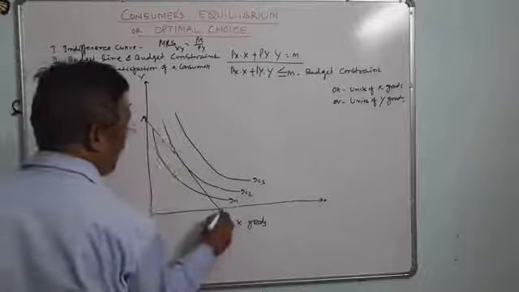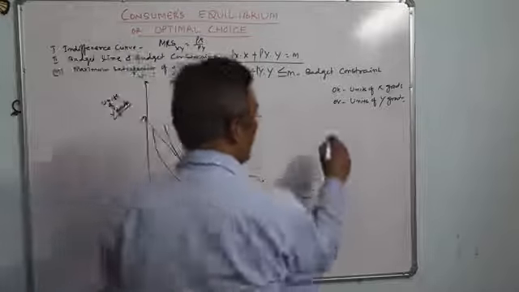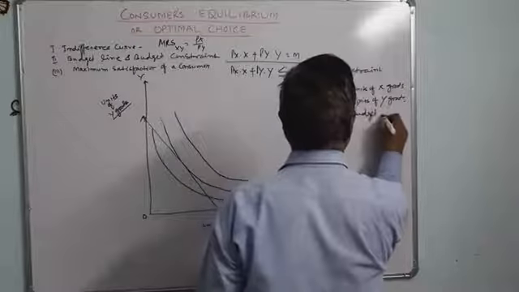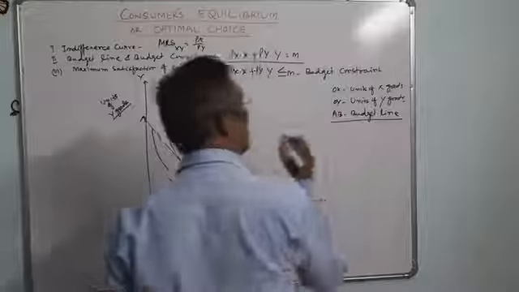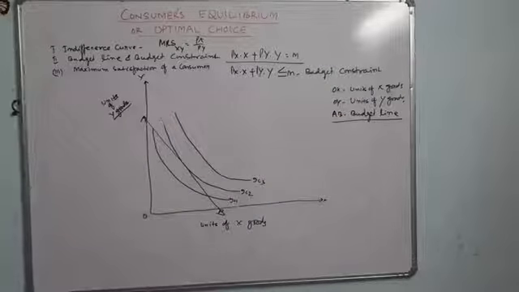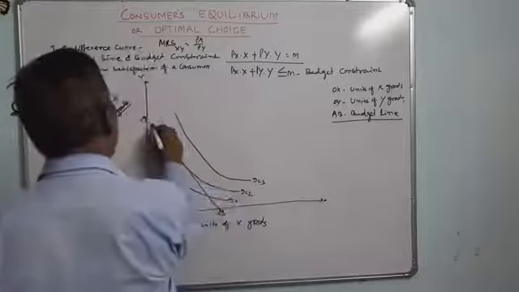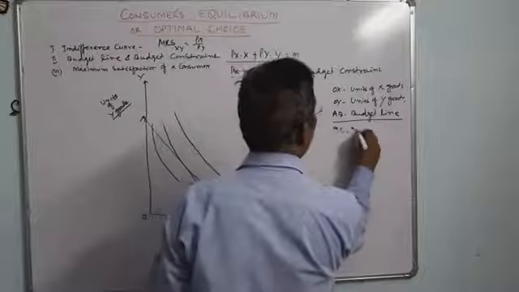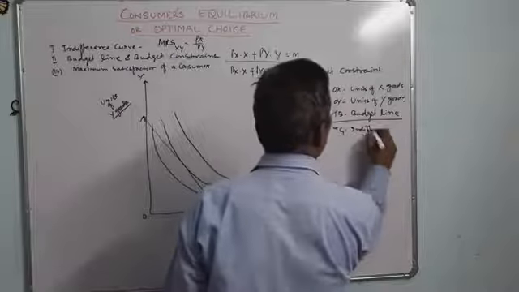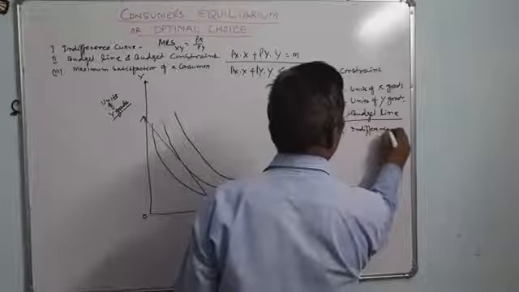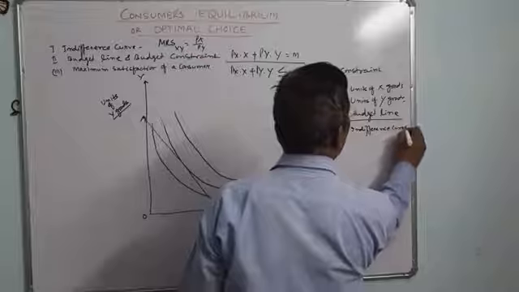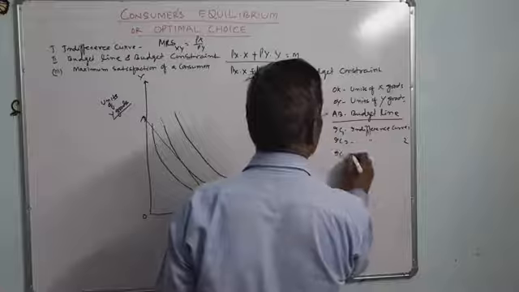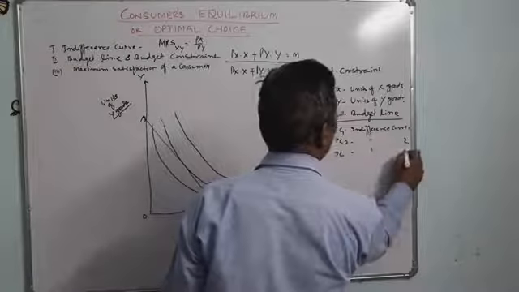A, B is the budget line. IC1 means indifference curve 1, IC2 indifference curve 2, and IC3 means indifference curve 3.